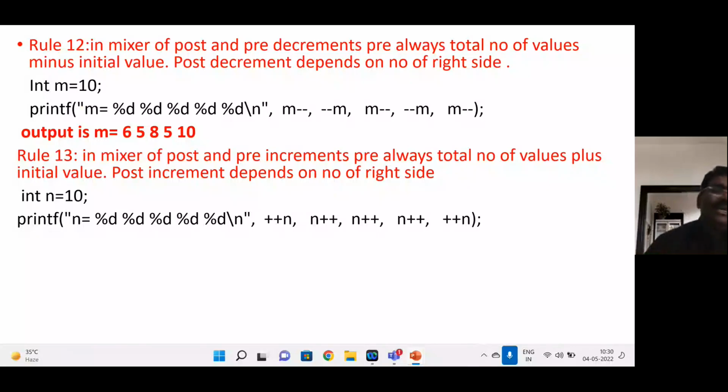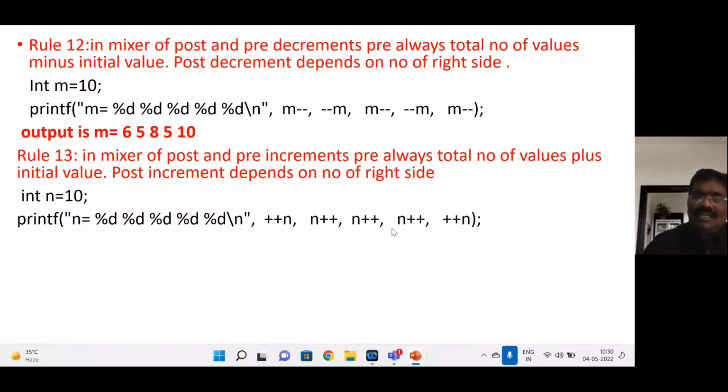For example, in this example, the last one is the pre-increment, right? So how many pre-increments are there? 1 and 2. The first one and the last one are pre-increments. So the pre-increment means 10 plus 5 increments, that is 15. The first one you can print as 15, and the last one you can print as 15, right?